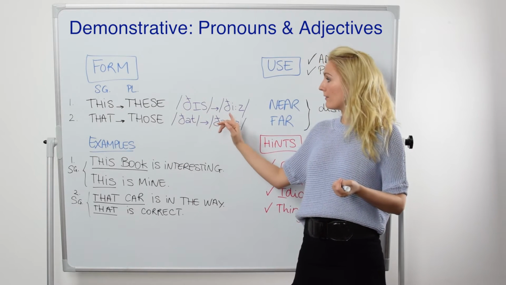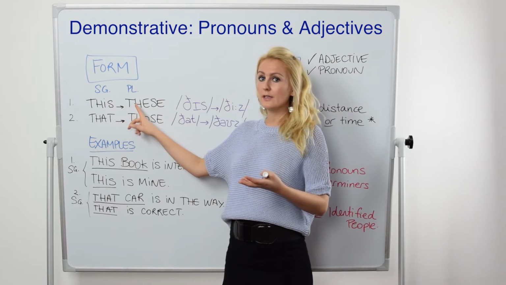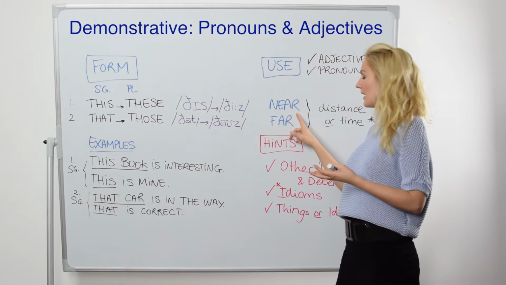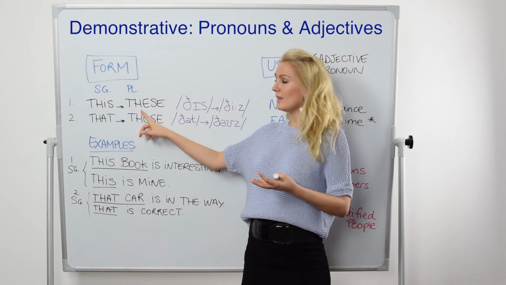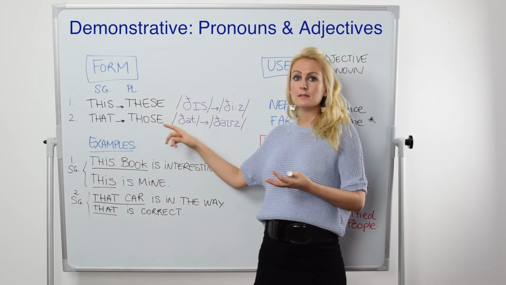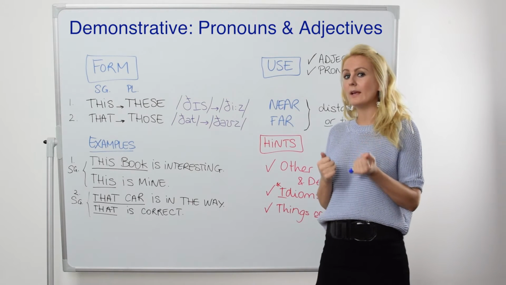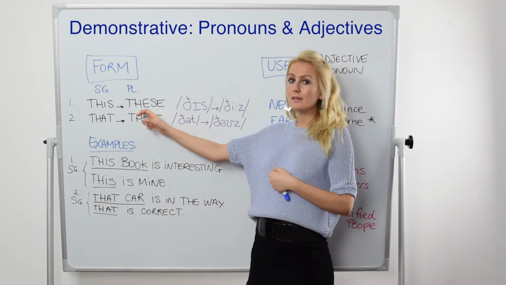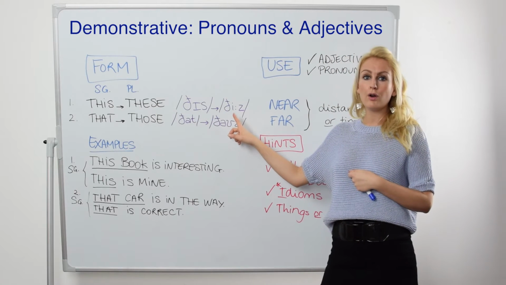The plural, however, is very different. So let's look at the pronoun or adjective we use to refer to something that is near when it's a plural group. These. These are my pens. Okay, so I would be holding several pens. These, you can see, we have a long vowel.